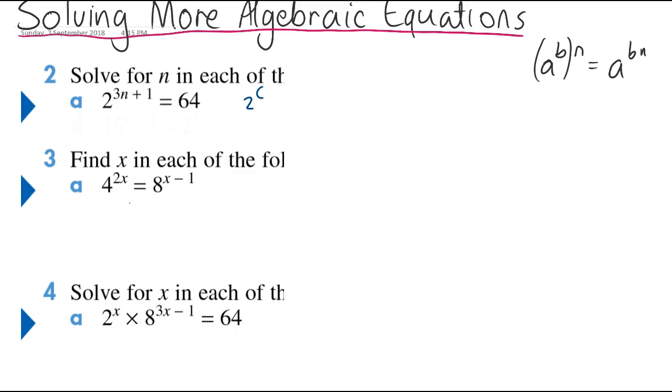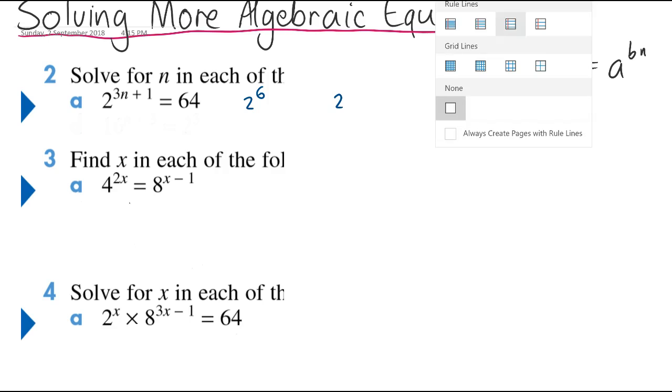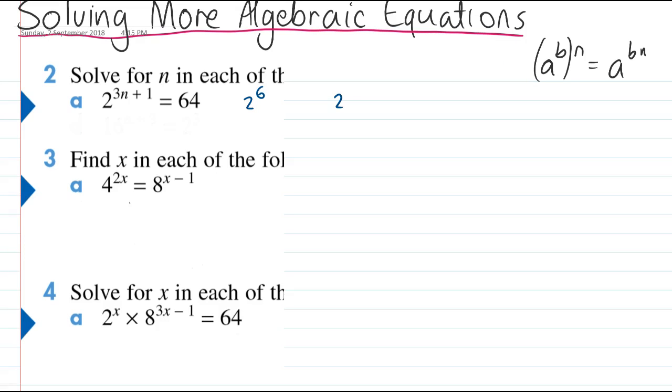So I might put some lines to make me a bit neater. I've got 2 to the power of 3n plus 1 equals 2 to the power of 6.